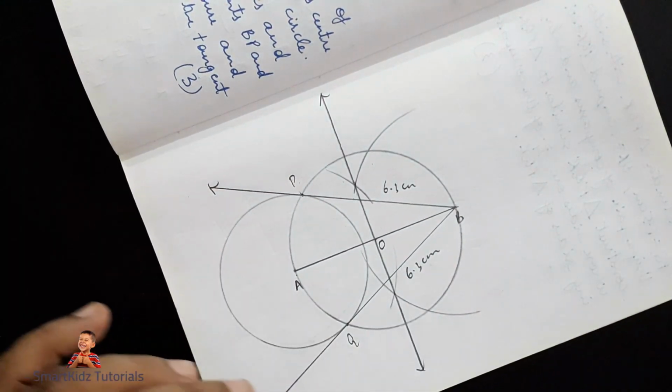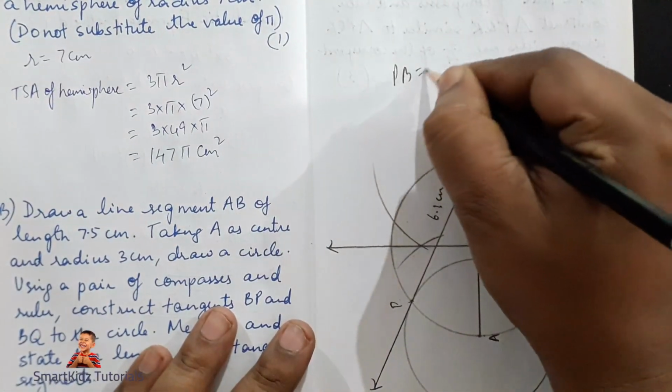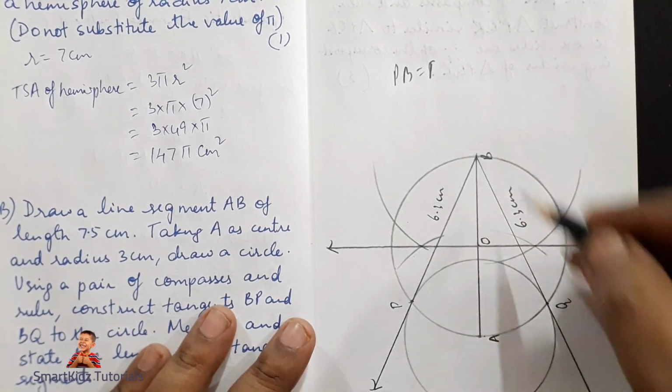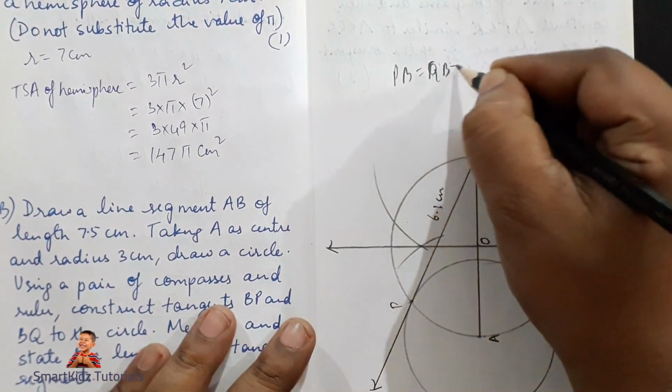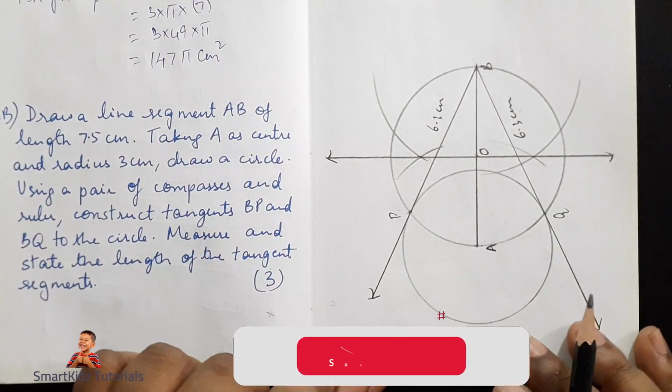So you can write over here that because you're asked to state the length of the tangent segments, we can say PB is equal to QB, which is equal to 6.3 centimeter. Okay, this will come for 3 marks.